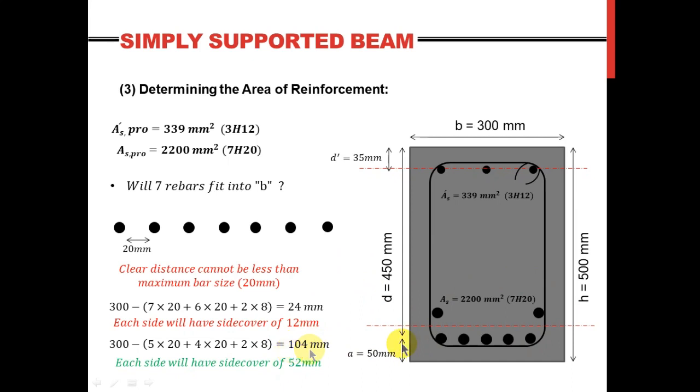Now 104 divided by 2 for both sides gives me 52. So I'm going to keep a distance of 52 from the extreme fiber to the face of the links. 52 millimeter on this side and another 52 millimeter on this side. What you can tell here is that 52 is bigger than 12, and of course this is more conservative for me, and I'm going to put it in this arrangement.